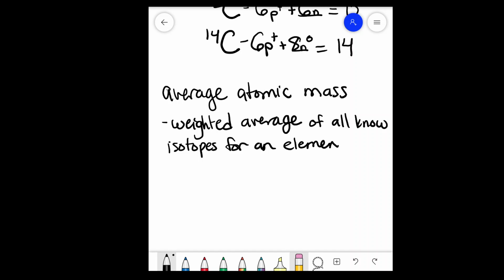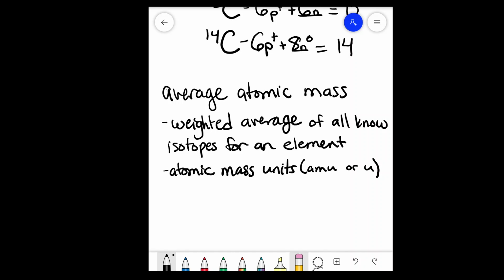So that is that decimal number you see on the periodic table, which is rounded to known sig figs. They're measured in atomic mass units, which are either abbreviated as AMU or U.